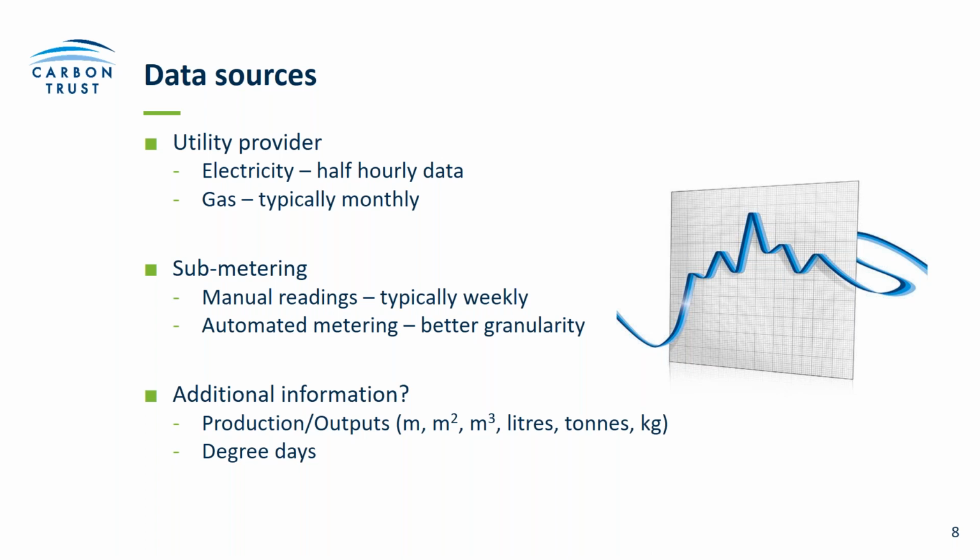Unless you have your own submeter on the gas, typically you are going to get monthly readings. So that's one that you can easily improve on yourself by starting to take your own readings. If you do have submeters, then great. They can be often manually read, typically weekly. If it is, try and improve that again.